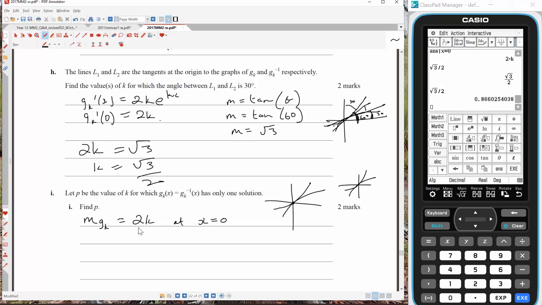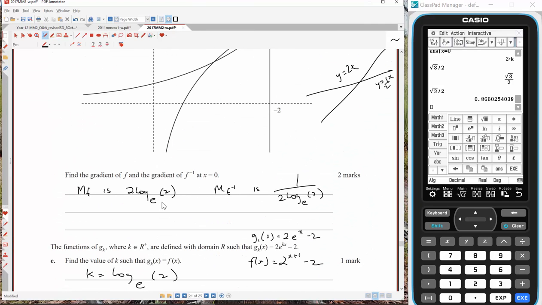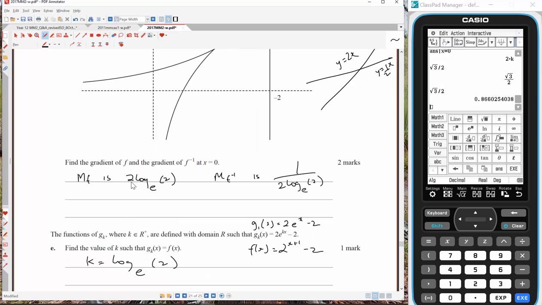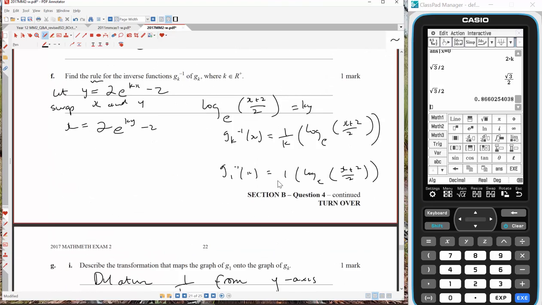And the inverse function, that one is going to have m of g_k^-1. It's going to have a gradient of 1 on 2k, because of the same reason that we got this scenario happening here. So it'll be 1 over.